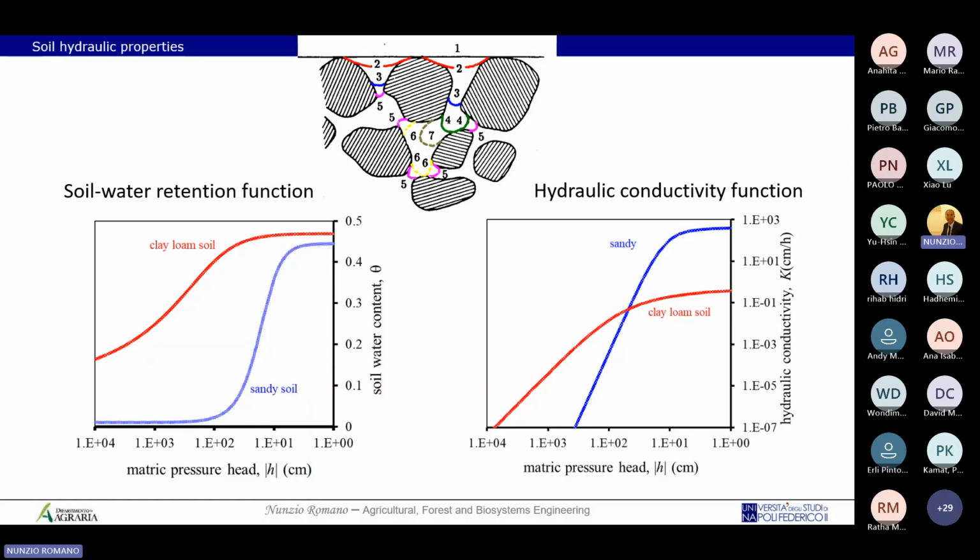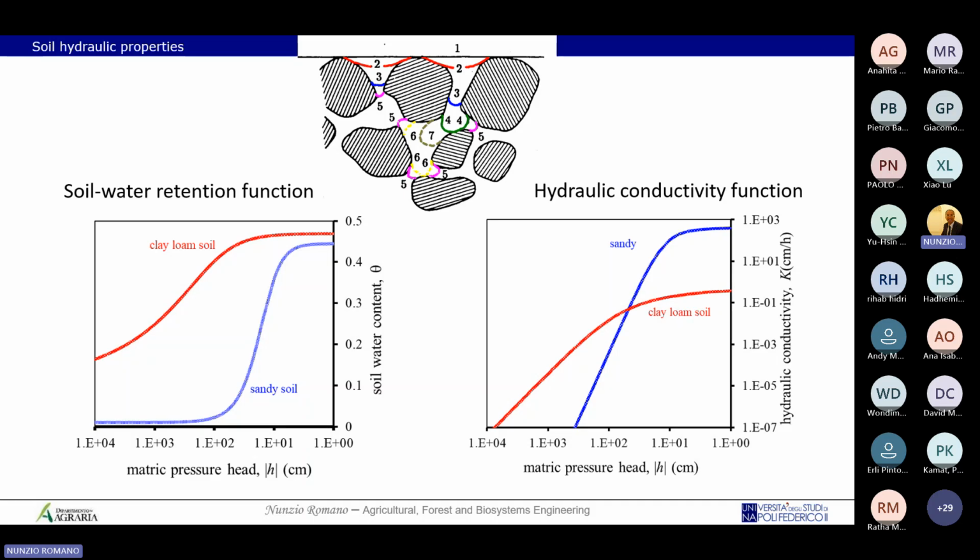It's also interesting to see that this function is strongly dependent on soil texture. We have the blue pattern of a sandy soil, but you have the red pattern of a typical fine textured soil like a clay loam soil.